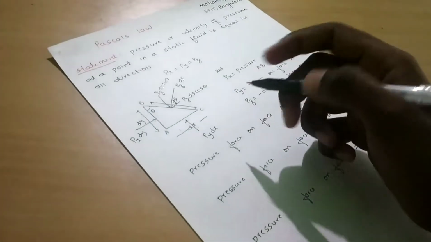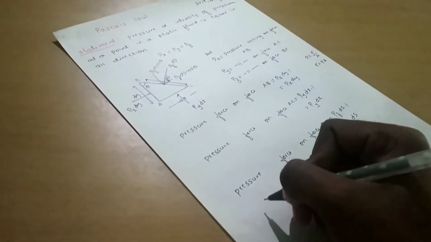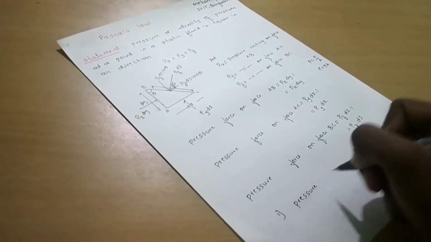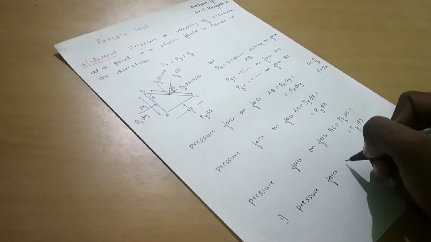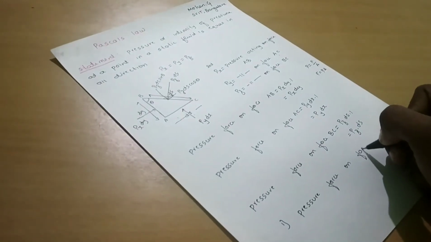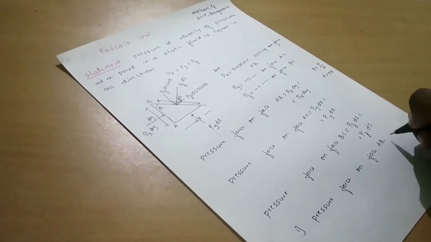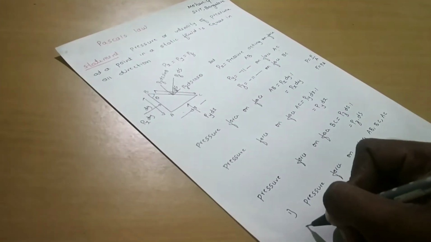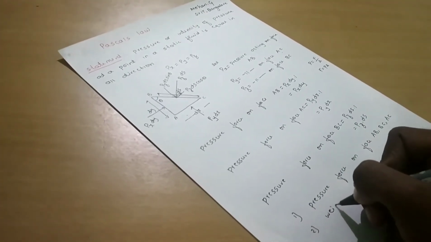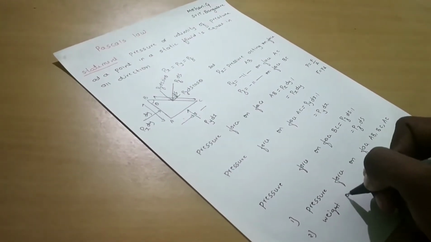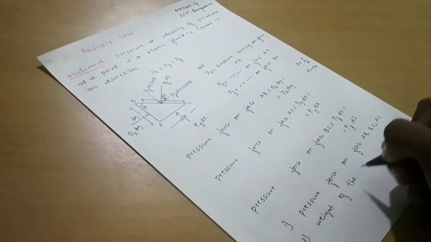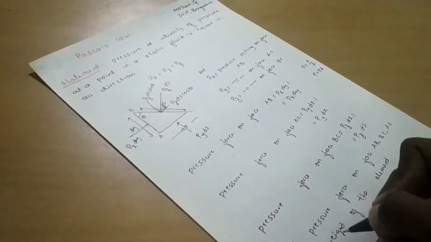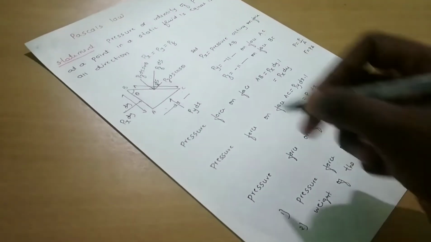Now what are the forces acting on this fluid element? One is pressure force on face AB, face BC and face AC, and weight of the element. These are the two forces which are acting on this fluid element.